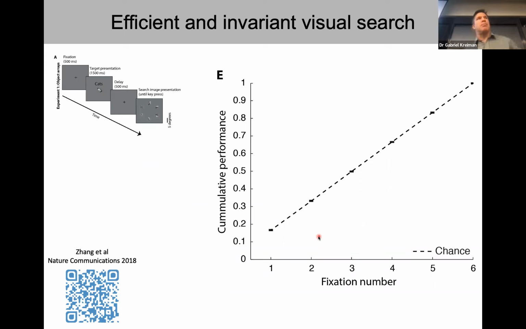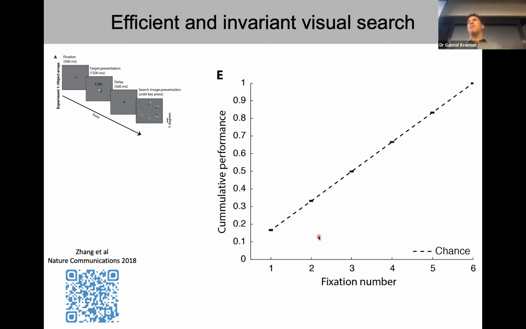how people perform when they do this type of task. What you're seeing here on the x-axis is the fixation number, so that people fixate on one object and a second object, third object, etc. And then on the y-axis is the cumulative performance.